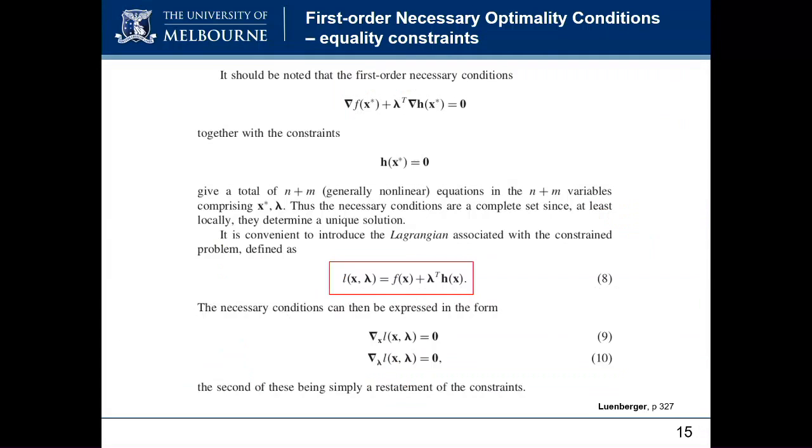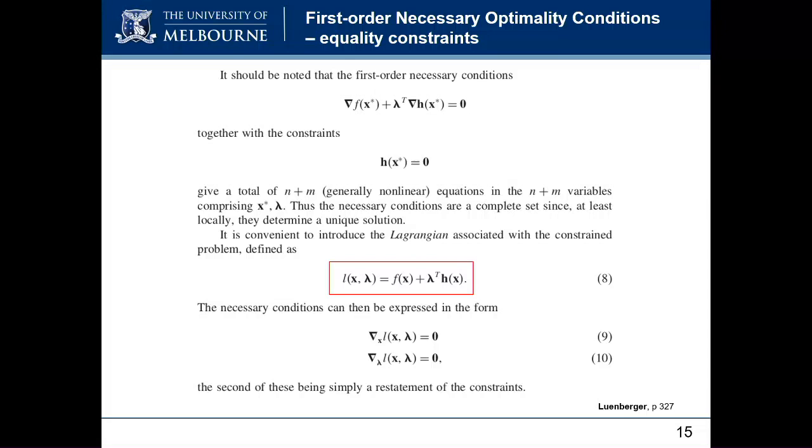So actually, we end up with an object called the Lagrangian that is defined as the objective plus these lambdas, because of this, if it's a regular point, lambdas times the equality constraints, and lambdas can be plus or minus.